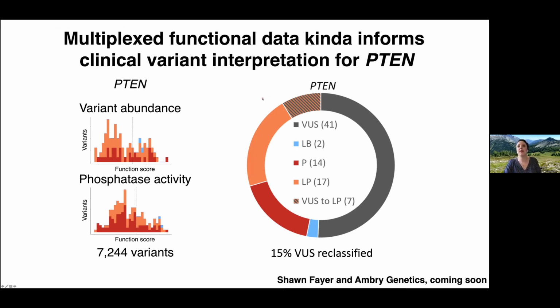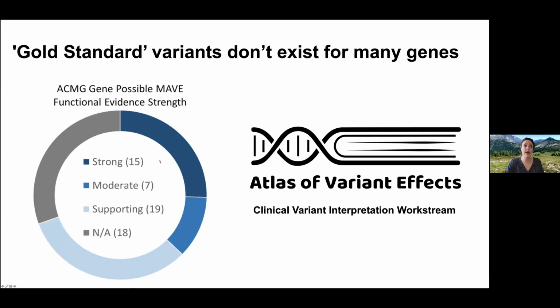Now, in this story, 2 out of 3 of the genes had enough known variants of known effect. But it turns out that for a lot of genes, even ones with really well-known effects that are in the ACMG 59, only 15 of them have enough gold standard benign and pathogenic variants that you could get to strong evidence even with a perfect MAVE.